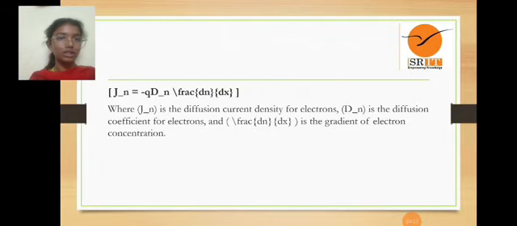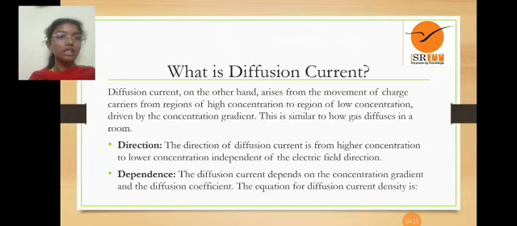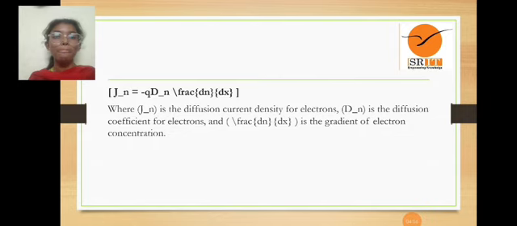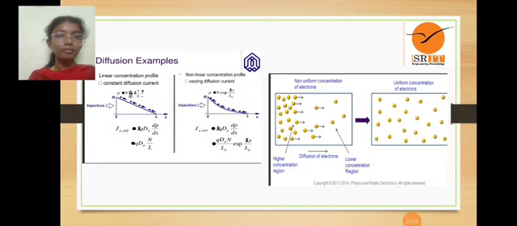The equation for the diffusion current density is Jn equals minus q Dn dn/dx, where Jn is the diffusion current density for the electrons, Dn is the diffusion coefficient for the electrons, and dn/dx is the gradient of the electron concentration.